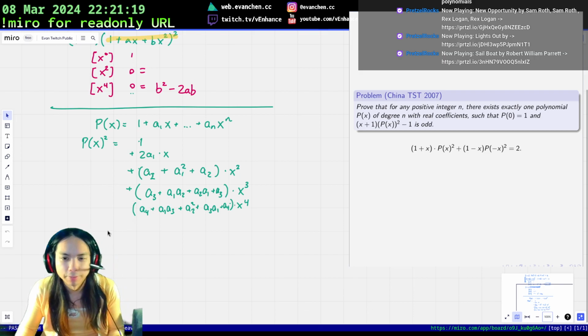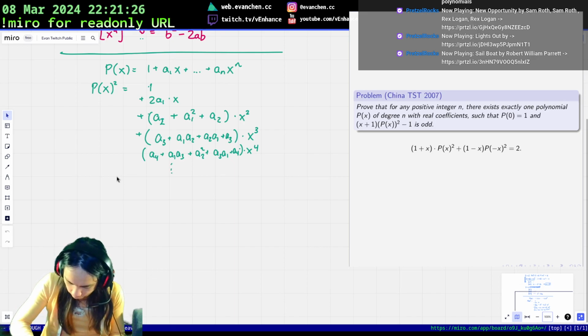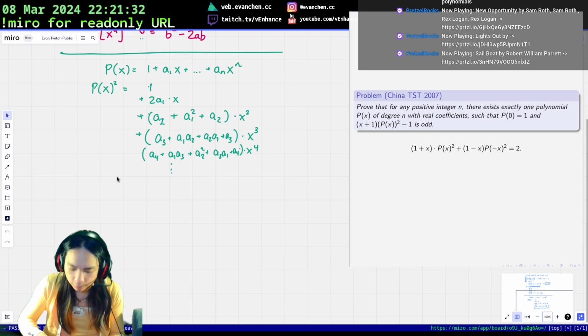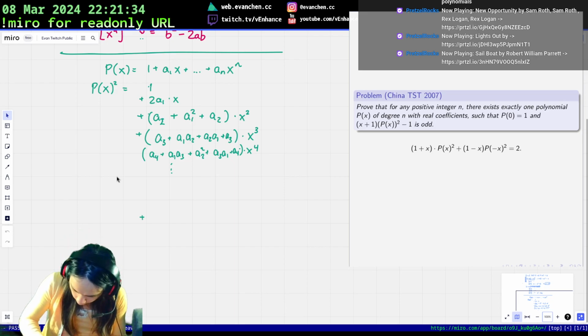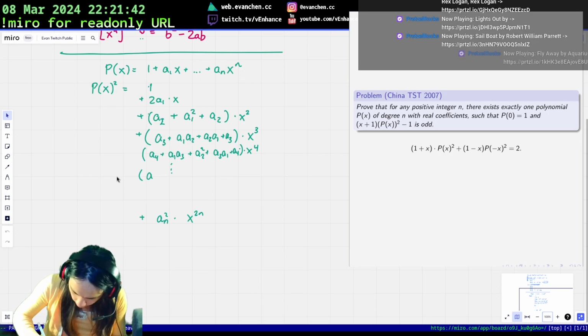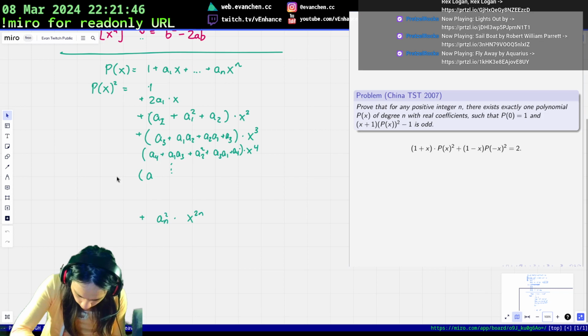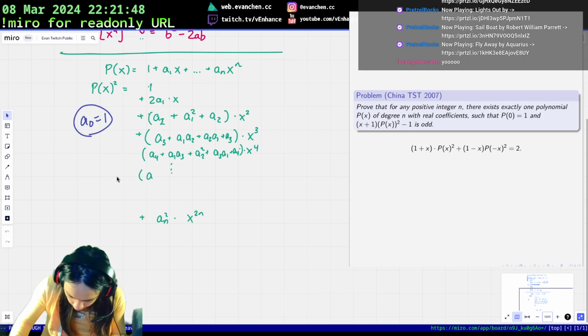So this is what happens when you expand all the way up to x to the n, and then it starts going back down, so the last one is an squared times x. I wonder if I should just write a0 equals 1. Maybe that will make the equations a little better. We're just going to set a0 equals 1, alright.